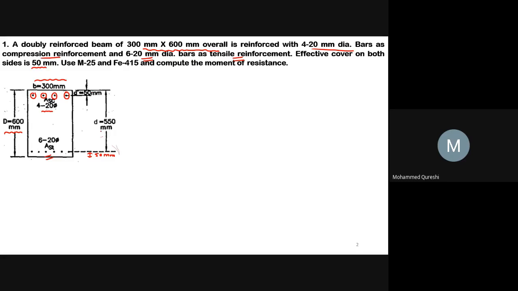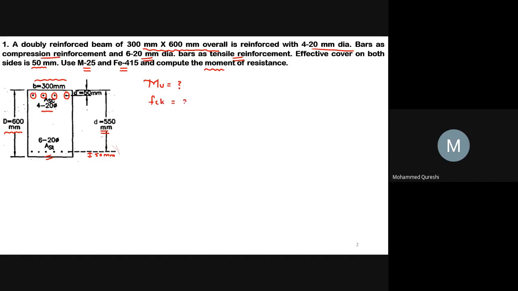So the effective depth will be approximately equal to 550 mm. Now we have to use M25 concrete and Fe415 steel grade, and we have to compute the moment of resistance, that is we have to find the value of Mu.